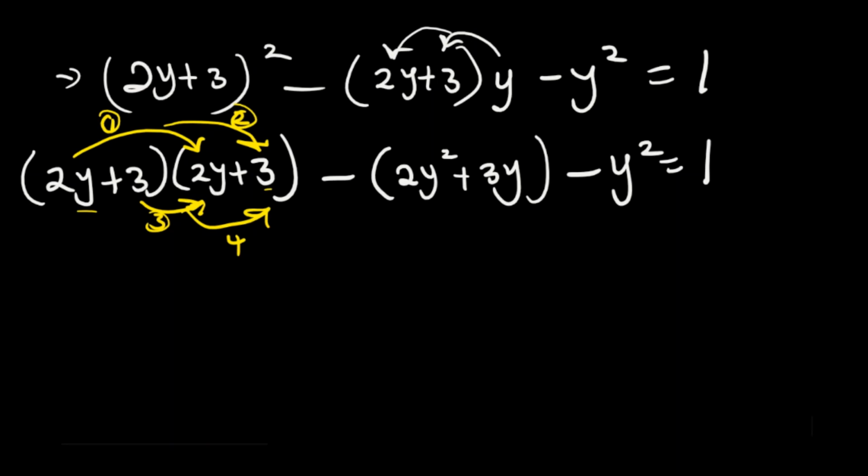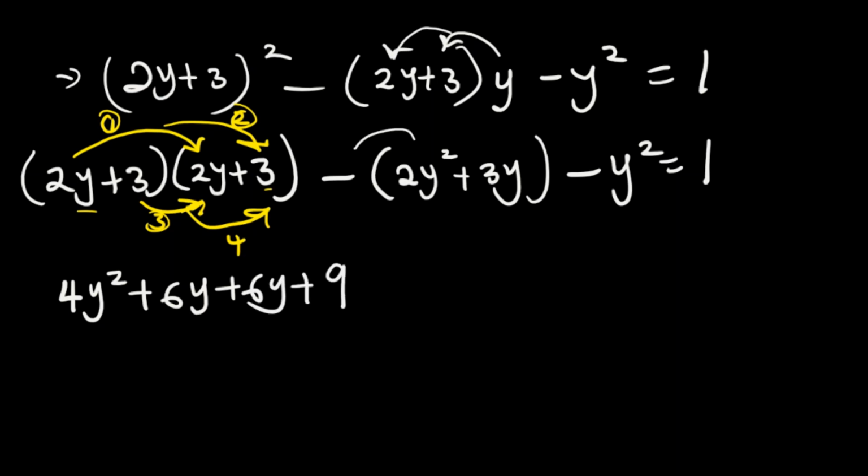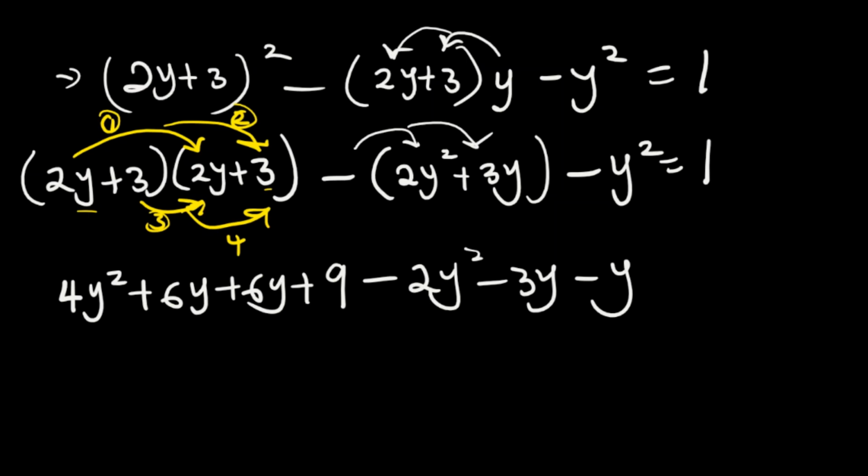So those are the steps. And then you have 4y squared plus 6y plus 6y plus 9. And then here the negative will multiply everything that is inside. So you have minus 2y squared minus 3y minus y squared is equal to 1, right?